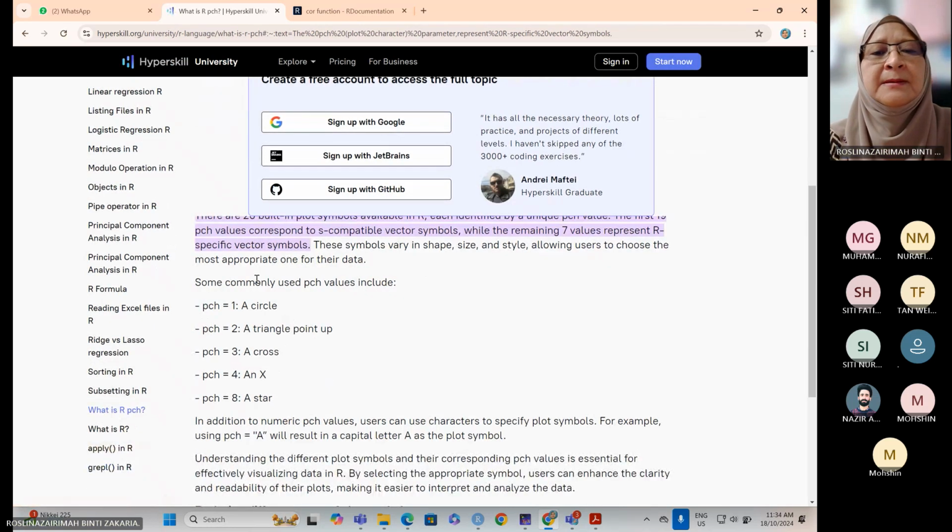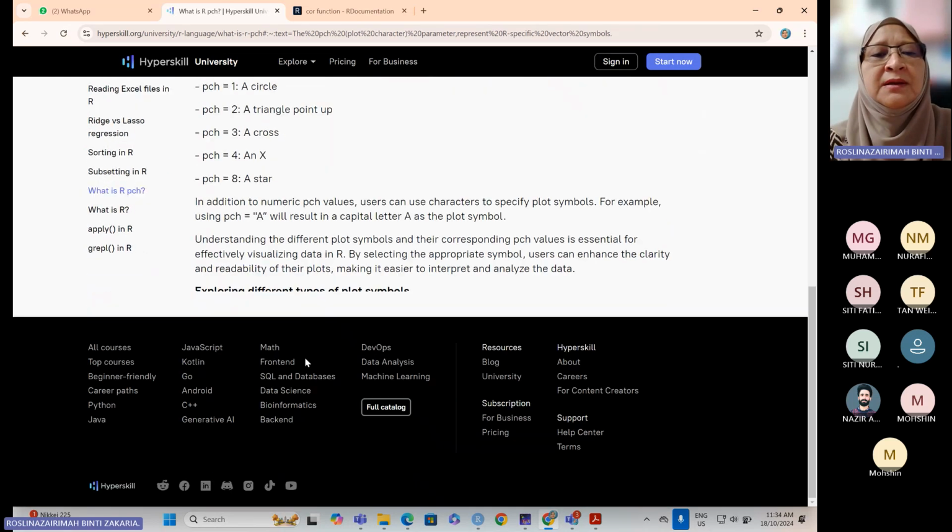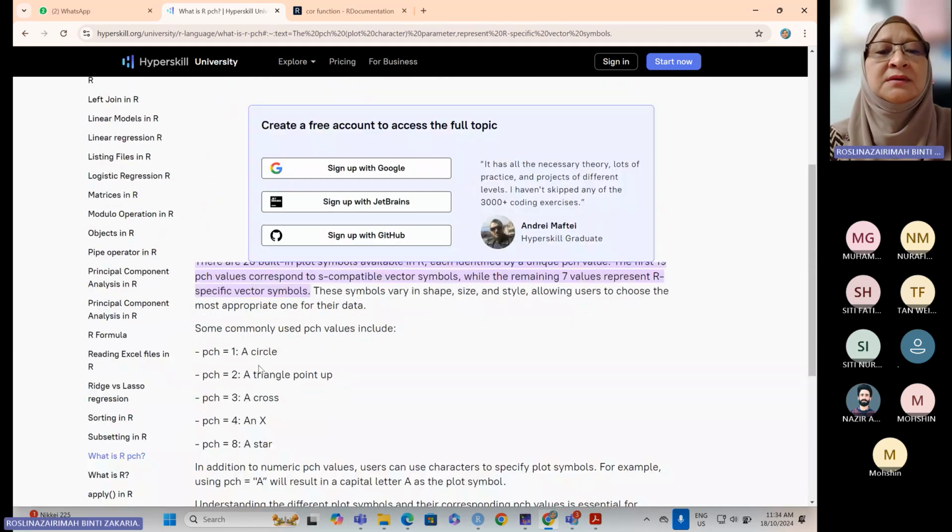It can be a circle if 1, 2 is triangle point up, and so on. By default, the circle is what you get if you do nothing.